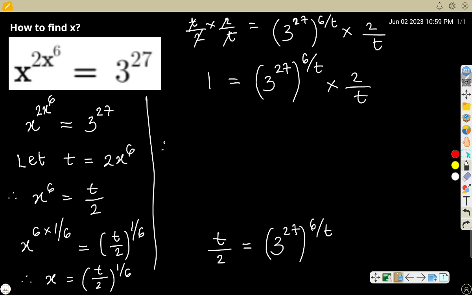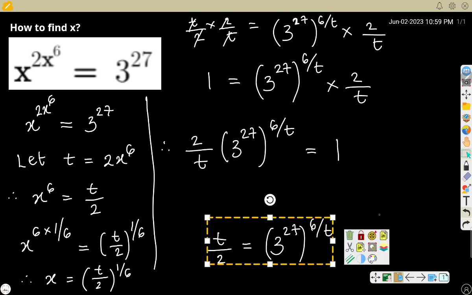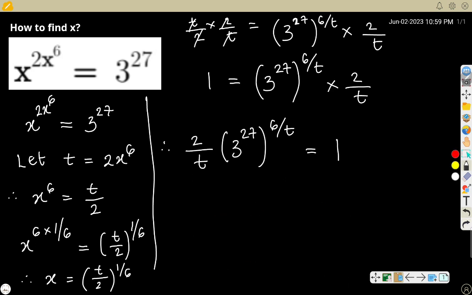So this is the same thing as 2 over t times 3 raised to power 27 raised to power 6 over t is equal to 1. I'm writing this expression first.